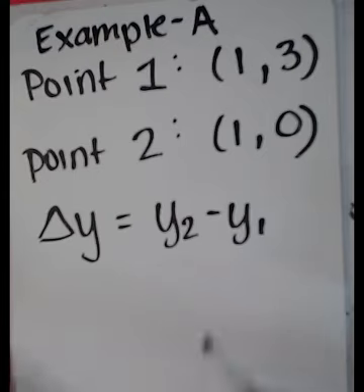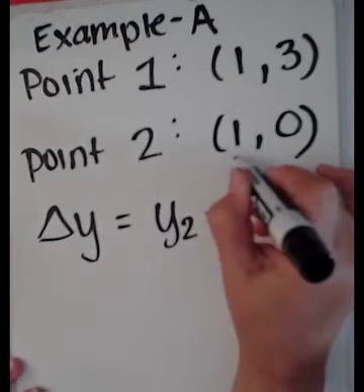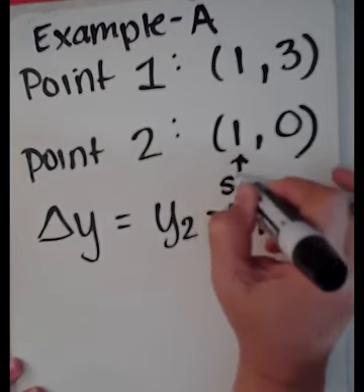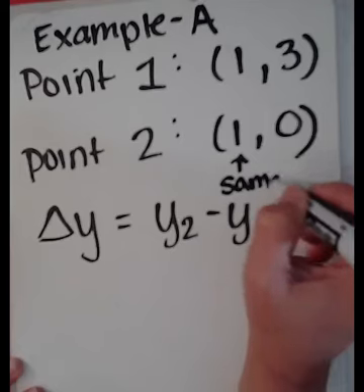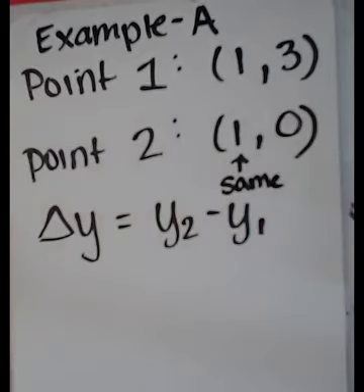Notice that the x value stays the same. And this time we're looking at the difference in the y values. We will use the similar formula. The change in y equals y2, or the y value from point 2, minus the y value from point 1.